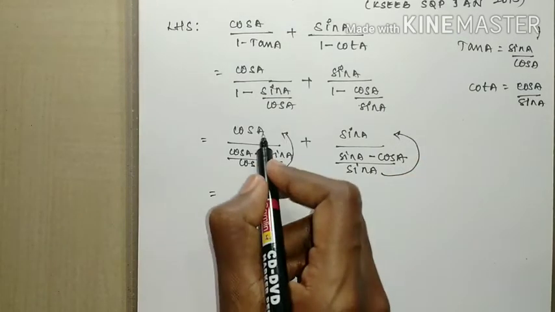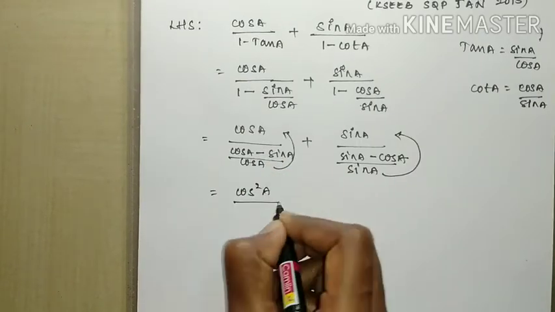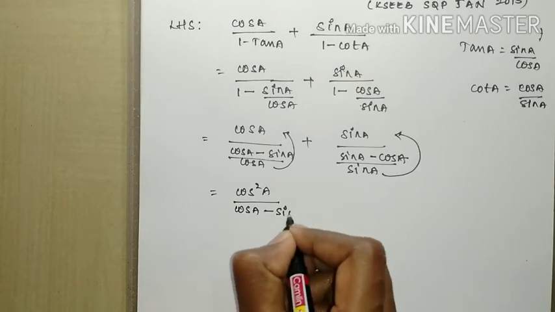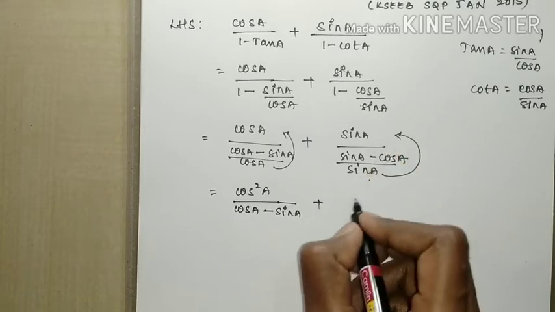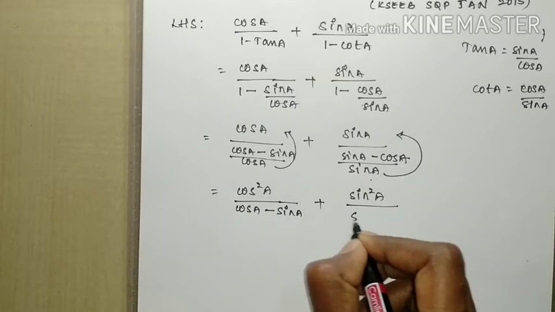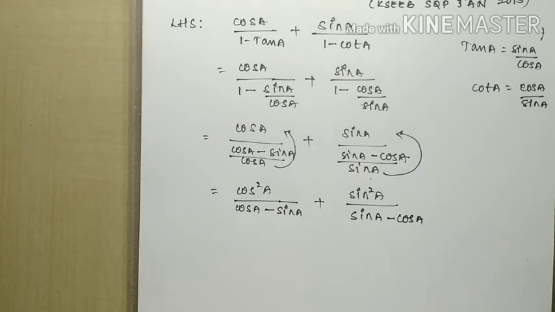That is cos A into cos A is cos square A divided by cos A minus sin A, plus sin A into sin A is sin square A divided by sin A minus cos A.